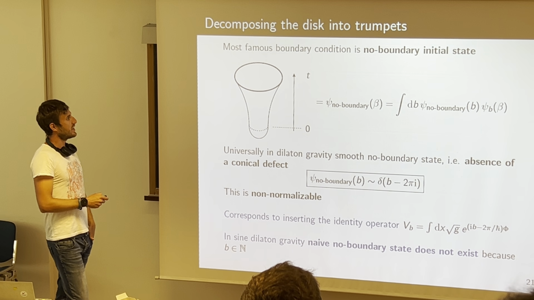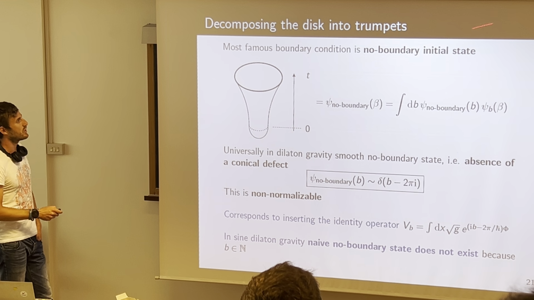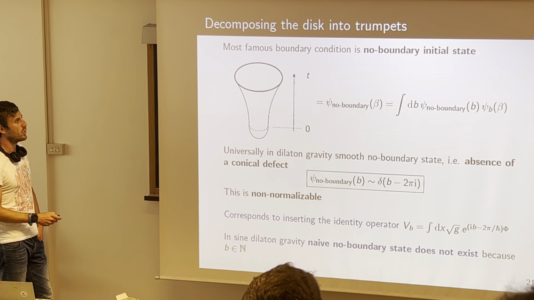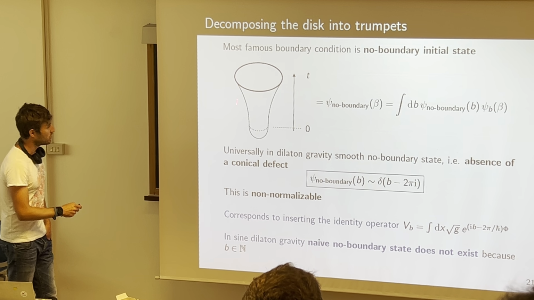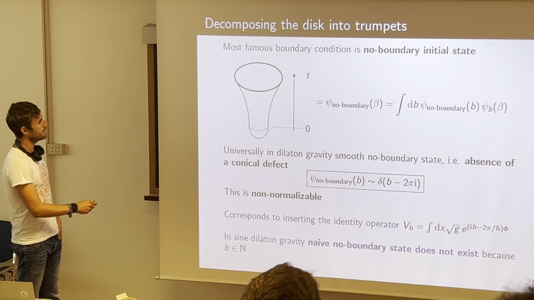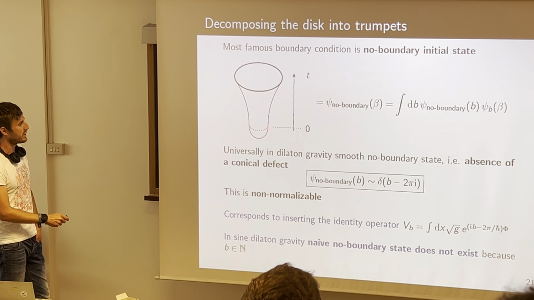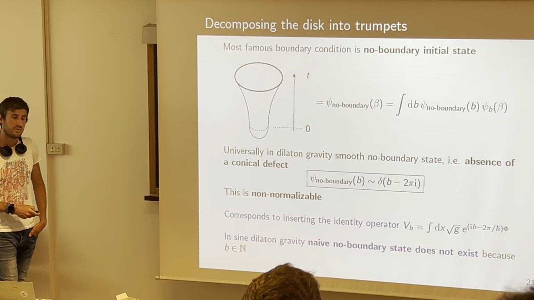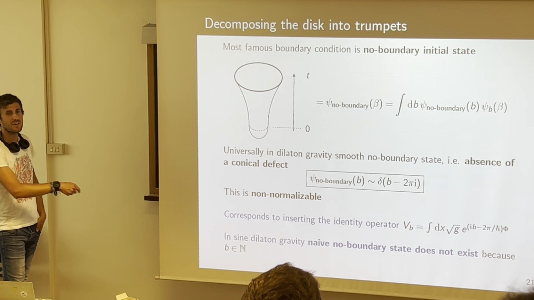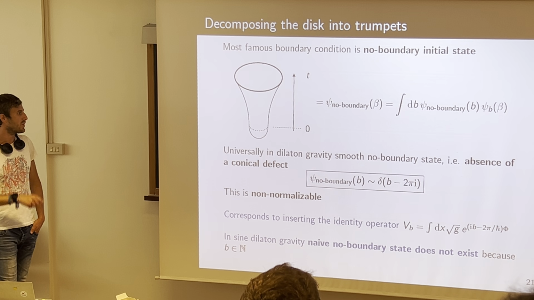And in general, what happens is the most famous boundary condition is the so-called no boundary initial state. So what one has to do is to take the trumpet here and glue it with an Euclidean preparation region, right? In such a way that your wave function has no boundary, so it's pretty smooth.